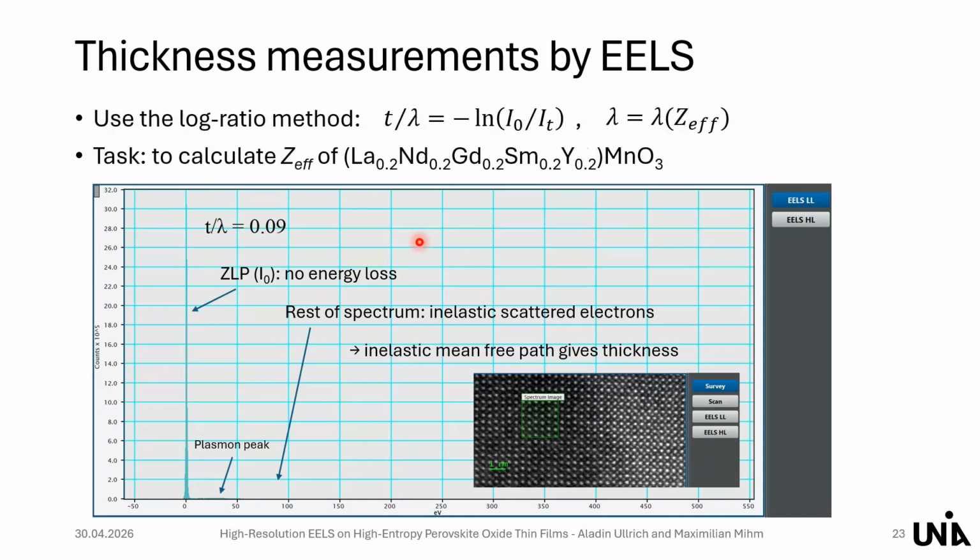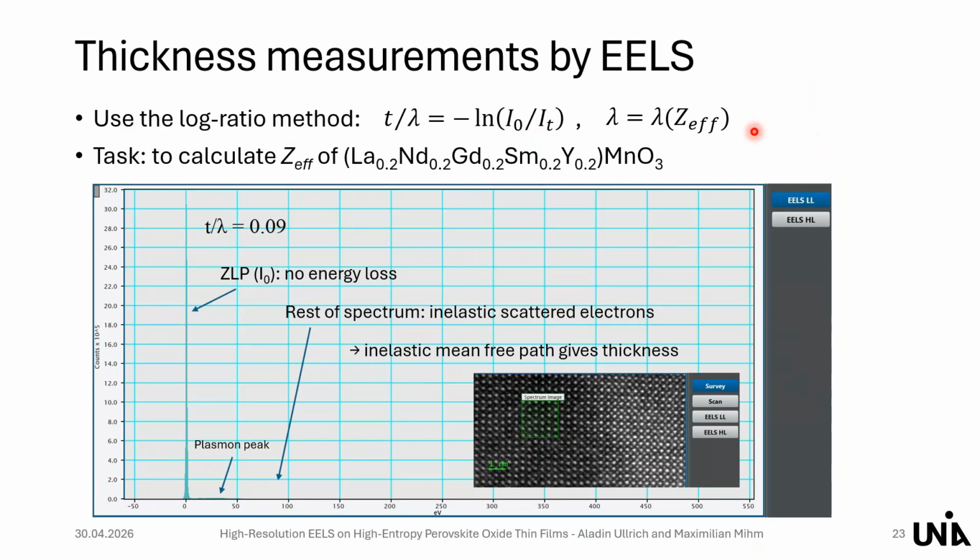And to get the absolute value, you can use the log ratio method. So this formula is given here. You need the negative logarithm of the intensity in the zero loss peak and the total intensity of the spectrum. You can just get these values by integrating over the intensity in the spectrum.